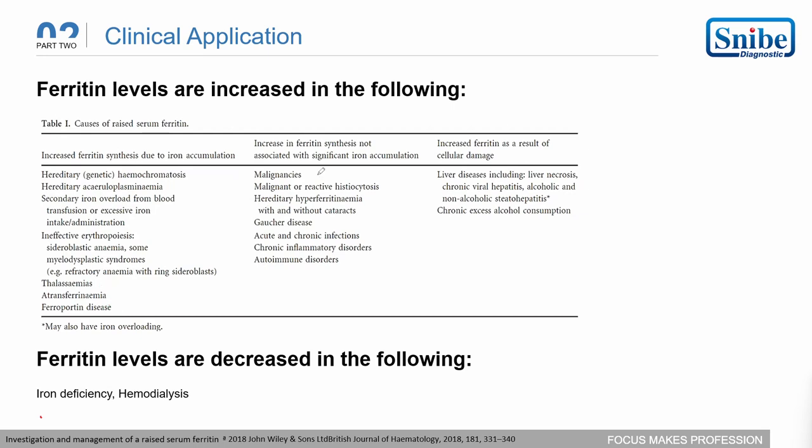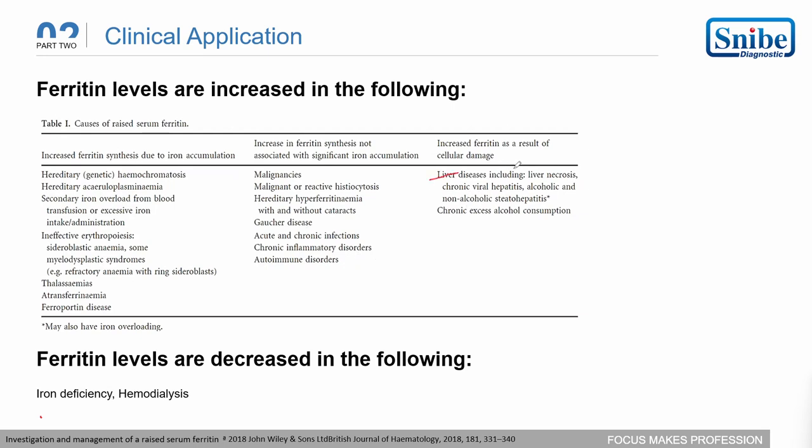ferroportin disease. An increase in serum ferritin synthesis not associated with iron accumulation is seen in malignancies, reactive histiocytosis, hereditary hyperferritinemia with and without cataract, Gaucher's disease, acute and chronic infection, and autoimmune disease.